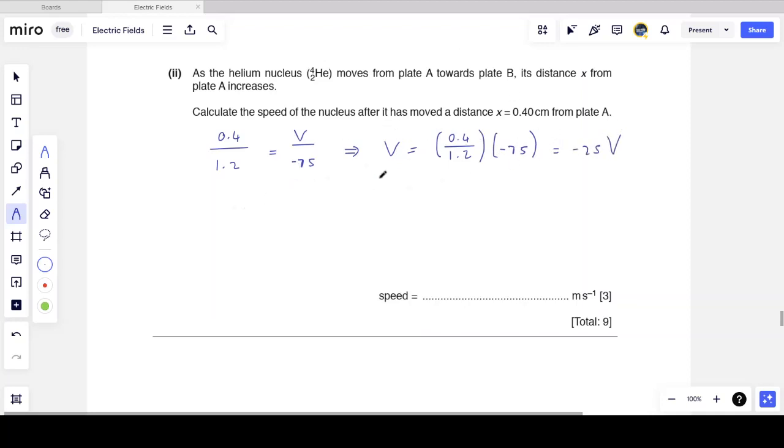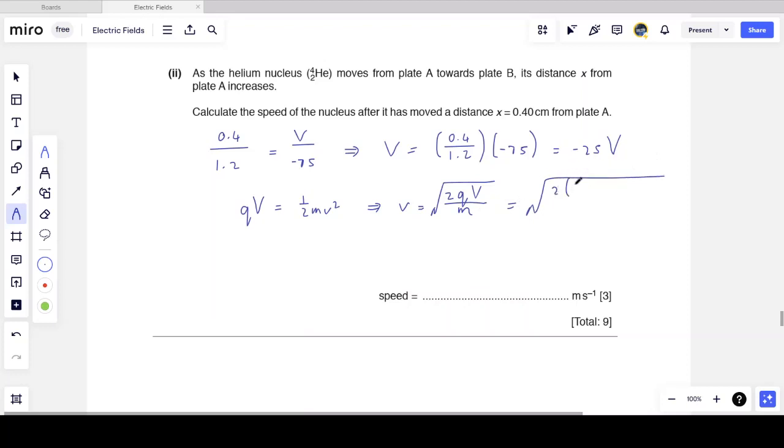Now I can use this information to calculate the speed of the nucleus after it's moved this distance, because it's not doing the full 75 volts of work. QV is equal to a half mv squared, which means that the speed v is the square root of 2qV over m. Now I can ignore the minus sign since I'm only calculating the work done.